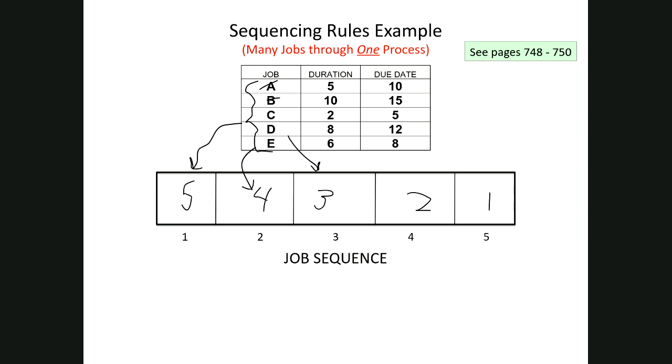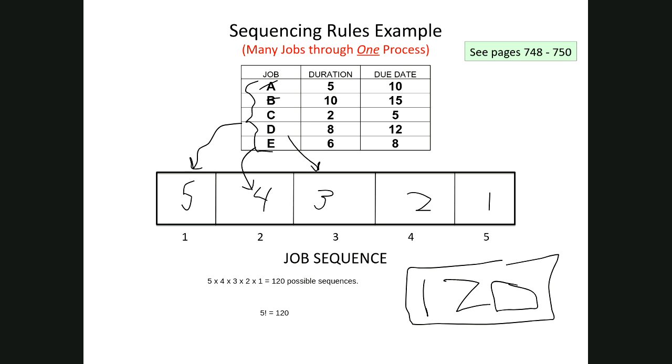And you've seen this before. This is called 5 factorial, which equals that 120. So it's 5 factorial. It's 5 times 4 times 3 times 2 times 1. So there's 120 possible sequences for 5 jobs.